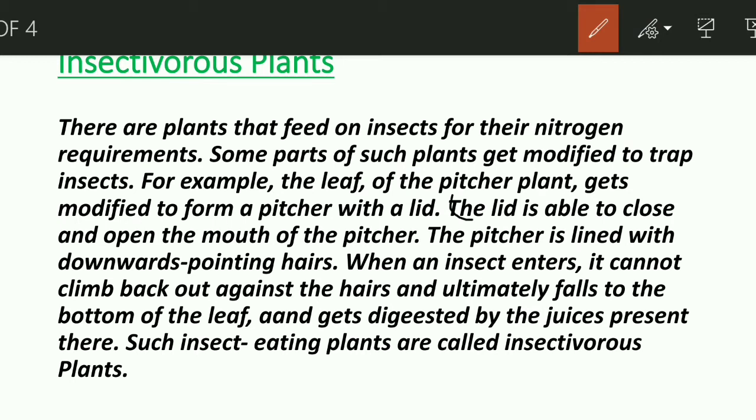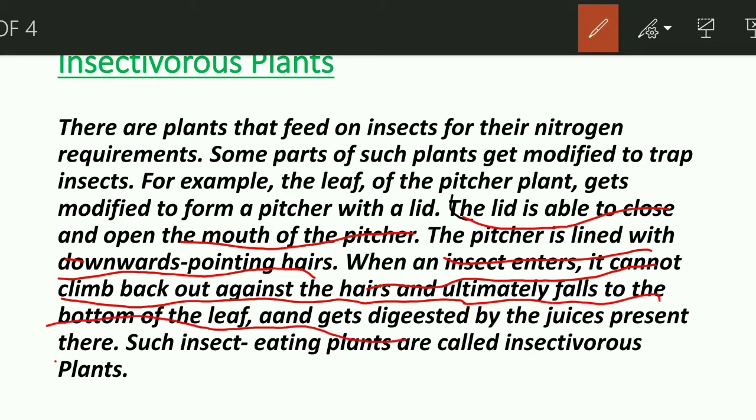Here it is written that the lid is able to close the mouth of the pitcher. The pitcher is lined with downward-pointing hairs. When an insect enters, it cannot climb back out against the hair and ultimately falls to the bottom of the leaf and gets digested by the juices present there. Such insect-eating plants are known as insectivorous plants.